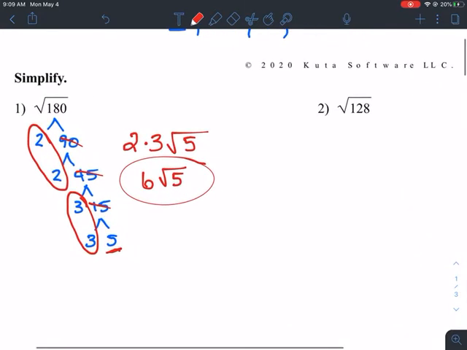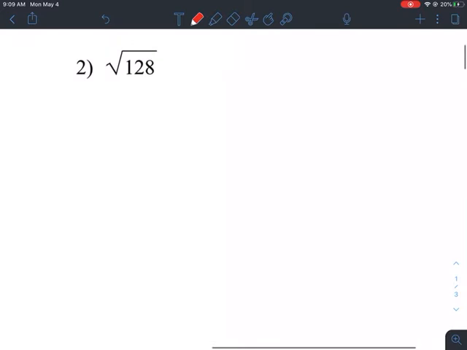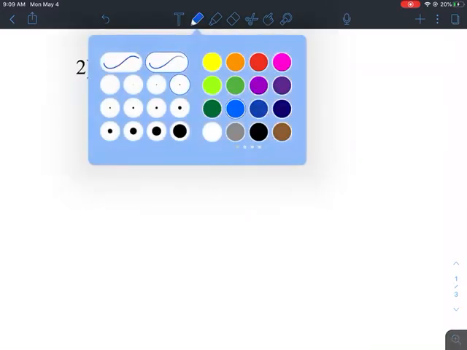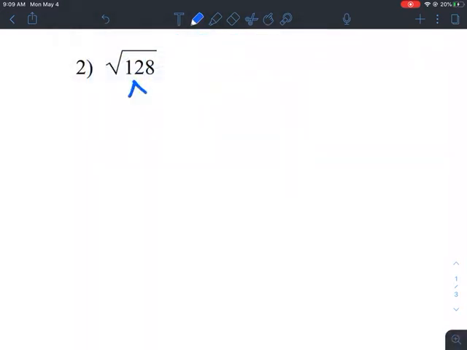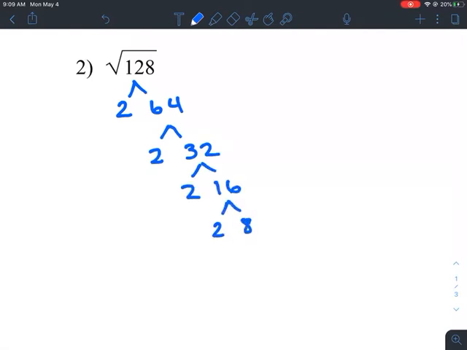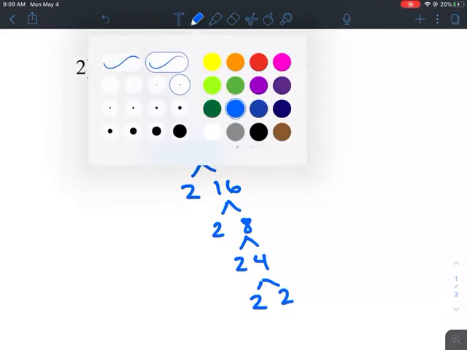And there you go. Okay, so I'm going to do a couple more just to make sure we remember this. So start by dividing by 2. I would get 64, 2 and 32, 2 and 16, 2 and 8, 2 and 4, 2 and 2.